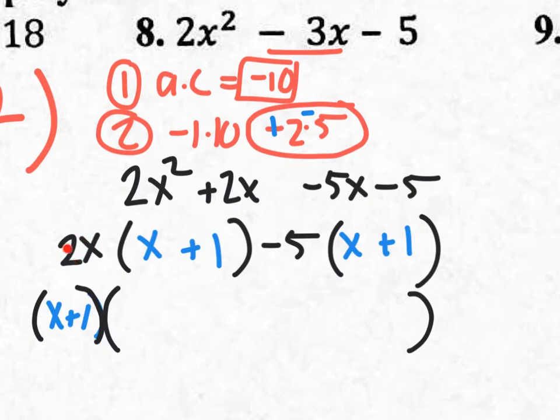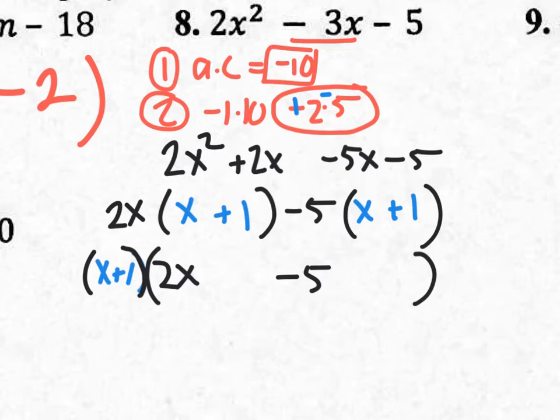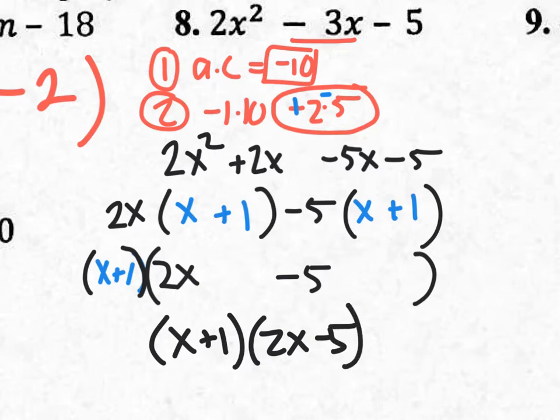If I pull this out, then this comes down. So I have a 2x left over. And again, if I pull out the x plus 1 from here, then the minus 5 is what I want to have left over also. So my final factored form is simply x plus 1, 2x minus 5.